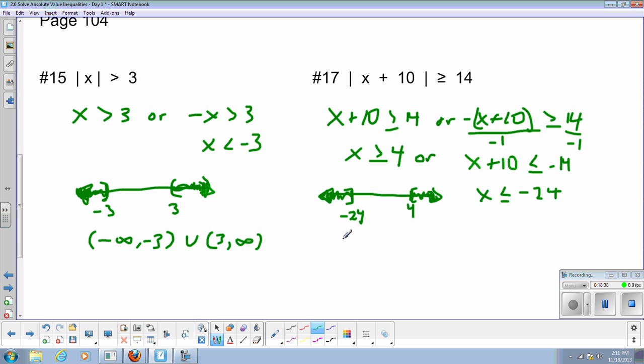Write my interval notation of parenthesis, negative infinity, comma, -24. I'm starting to get better at those infinity symbols, huh? Bracket, union, bracket, 4, comma, infinity, parenthesis. So there's what you should have gotten on those two problems.